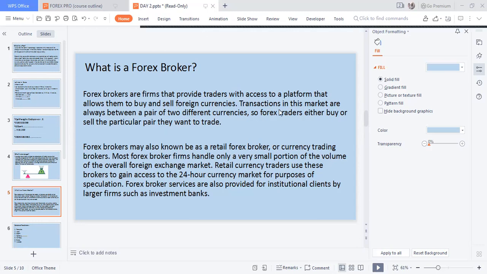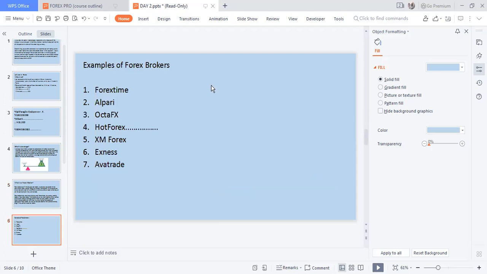Examples of these forex brokers are Forex Time, Apari, OctaFX, OddForex, XN, XN Forex, XNES, AvaTrade, so on and so forth. In fact, there is still more.